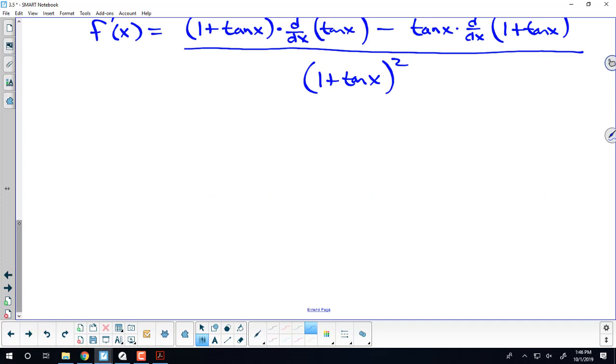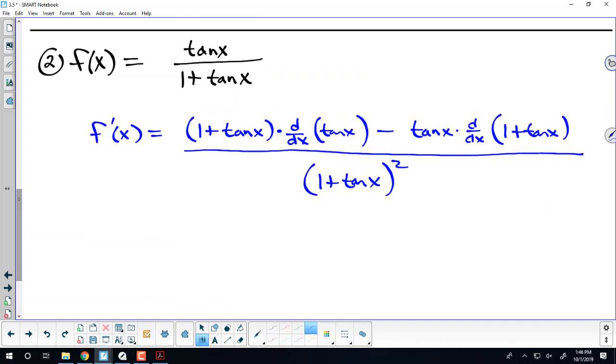Isn't the bottom one Pythagorean? So yeah, the bottom one, is that a Pythagorean identity? 1 plus tangent squared. Well, expand this out, right? It's 1 plus tangent squared plus 2 tangent x, right? So is that a Pythagorean identity for 1 plus tangent squared plus 2 tangent?